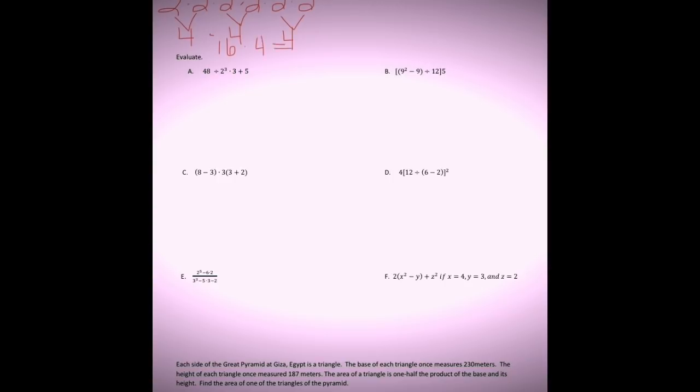Times 4 more is 64. So 2 to the 6th equals 64.